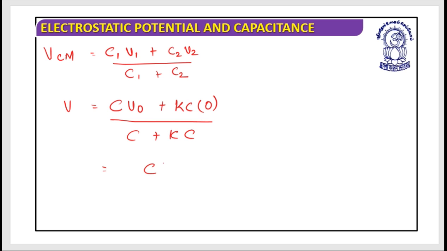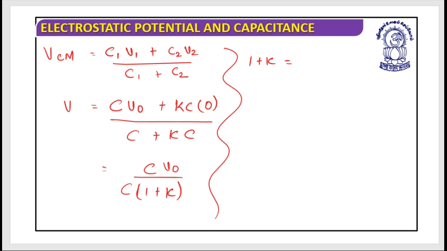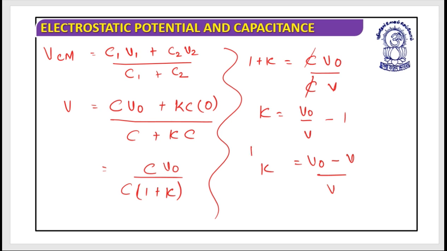So if I solve this, it's C into V naught divided by C as a common, times 1 plus K. So if I simplify it, 1 plus K should be equal to C V naught divided by C into V. So C has gone. So K is equal to V naught by V minus 1. This is equal to V naught minus V divided by V. This should be the value of the dielectric constant that has been inserted.